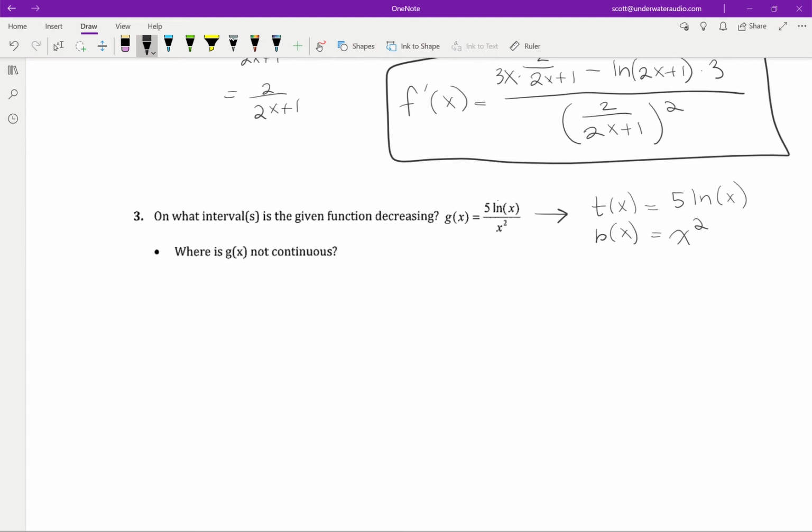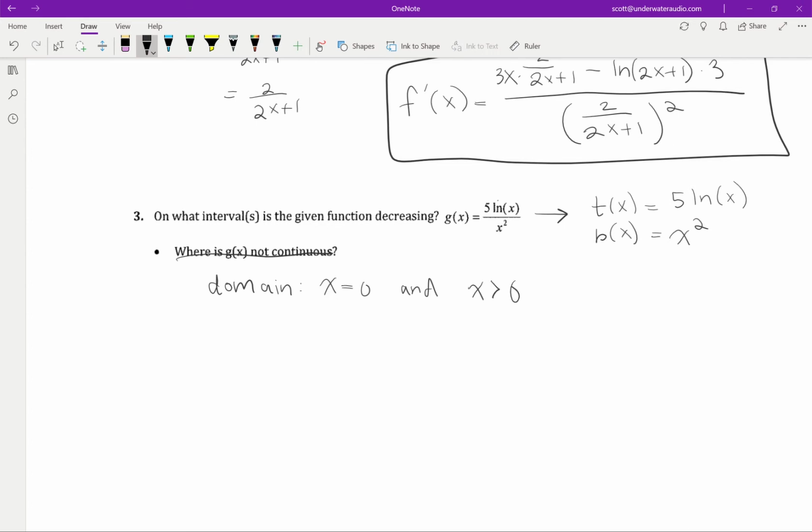I'd go so far as to say, what's the domain? This is useful to think about when we're testing values. x can't equal 0 because you can't divide by 0, and we don't plug negative numbers into the natural log of x, so x has to be greater than 0.